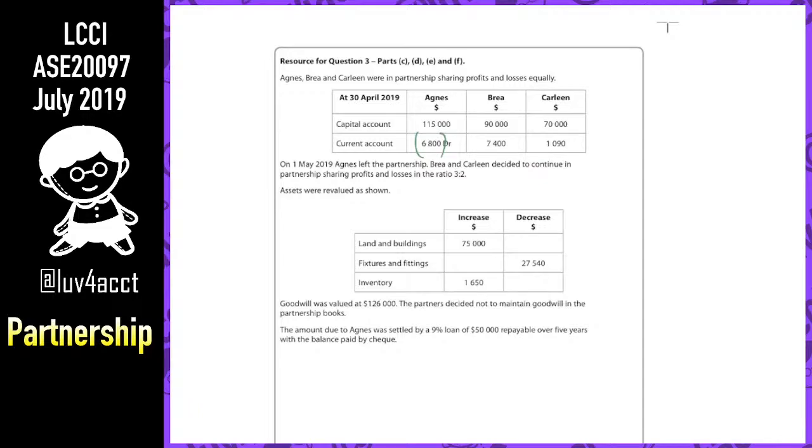Bria and Carlene decided to continue, and the profit and loss sharing ratio is 3:2. Assets were revalued as shown, given to you the increase and the decrease of it. Goodwill was valued at 126,000. Partners decided not to maintain goodwill in the partnership books. The amount due to Agnes was settled by a 9% loan, 50,000, repayable over 5 years, with the balance paid by check.